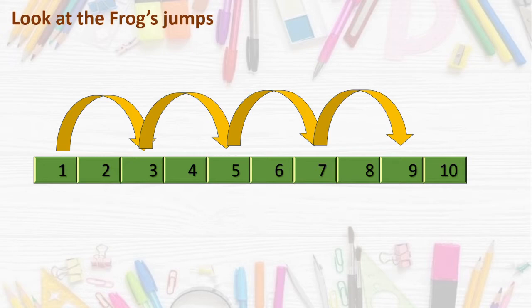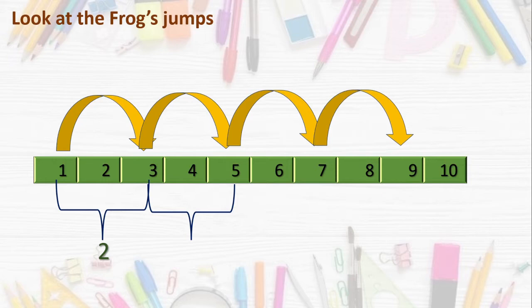Now, first it jumped from number 1 to number 3, right? What is the difference between the numbers? 1, 2, 3 means after 2 numbers we get 3. Here the difference is 2. Now from 3 to 5.